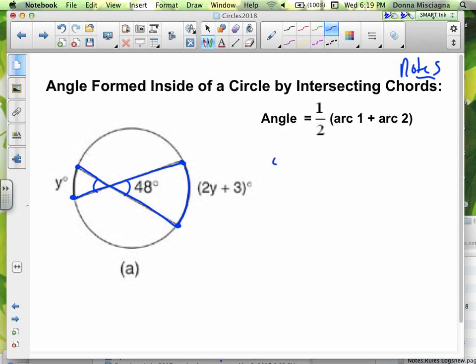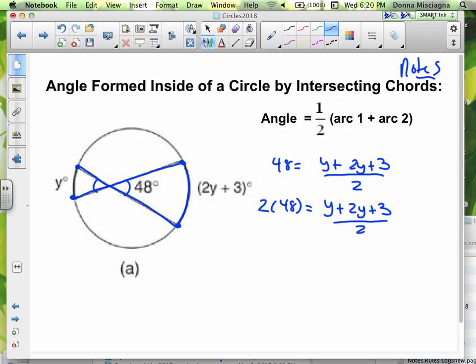So 48 equals y plus 2y plus 3, divided by 2. I don't want to divide by 2. I'm going to multiply everything by 2. So I've got 2 times 48 equals y plus 2y plus 3, divided by 2, times 2. That will cancel that 2 out. So I have 96 equals y plus 2y plus 3.